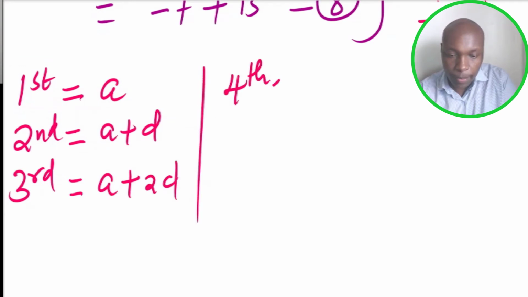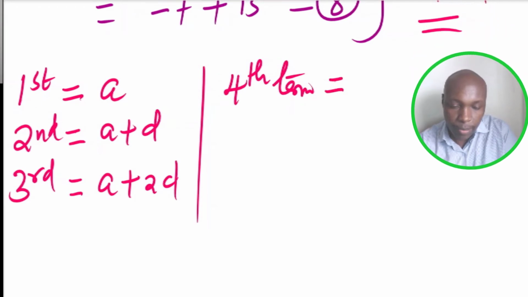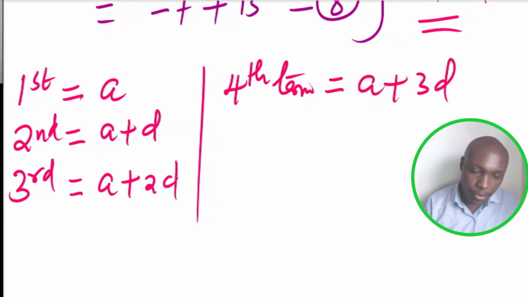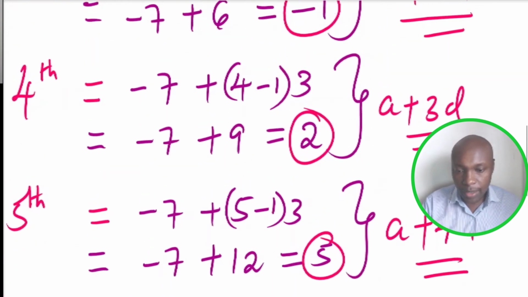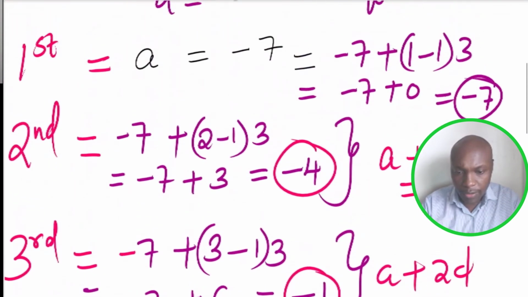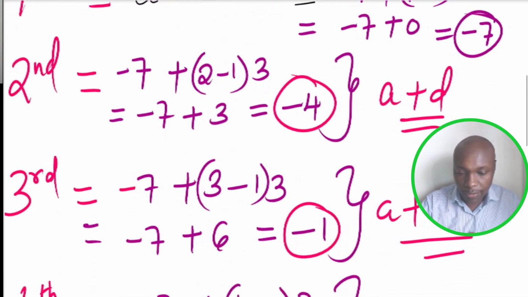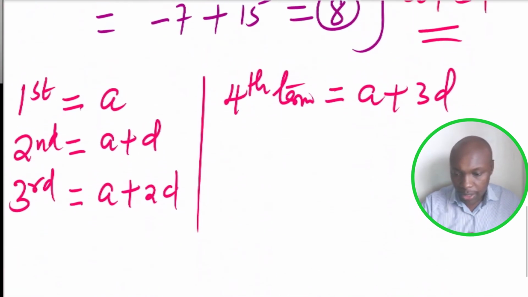The fourth term is given by a plus 3d, and so on and so forth. And how do you arrive at these? If you're getting the first term, we just go to this formula of getting the nth term. So if you are getting the first term, you just substitute n with 1. If you're getting the second term, substitute n with 2, and so on. That is how you arrive at these.